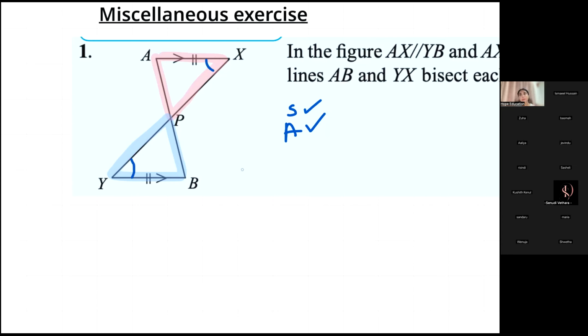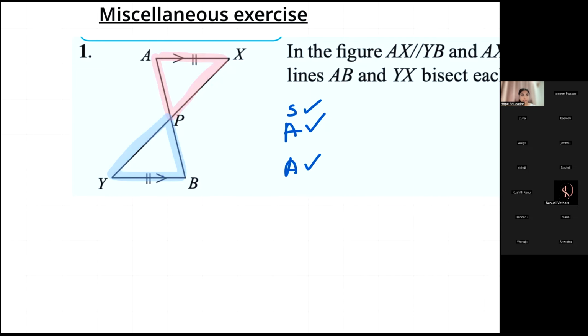Yes, because the lines are parallel. Z shape. Yes, that is also correct. Anything else? Okay. Yes, Maria. XAP equals PBY. Again, alternate angles. Okay. We have plenty of angles and we also have one side. So yes, cool. We can use AAS.